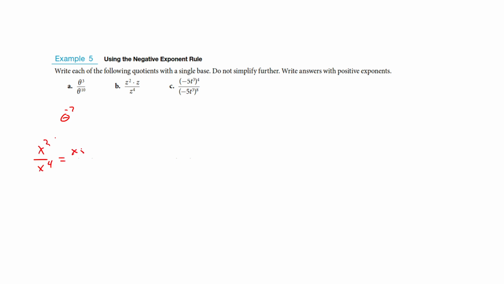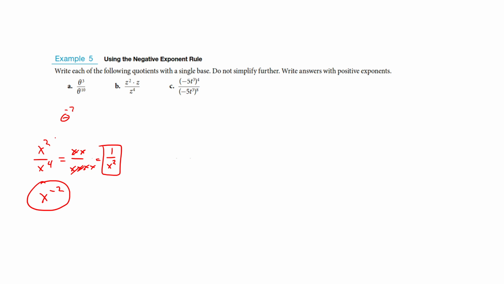So I'd have x times x. If I cancel these down, I should get 1 over x to the second. But if I subtract them, I should get x to the negative second. So these things must mean the same thing. And they do. So a negative exponent becomes a positive exponent if you just move it down.